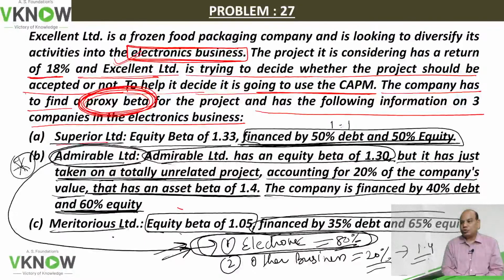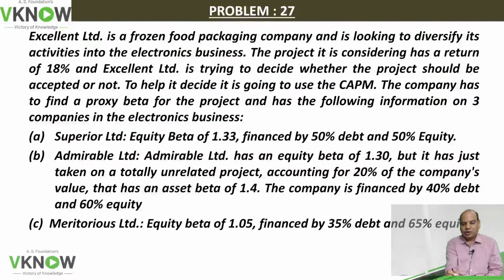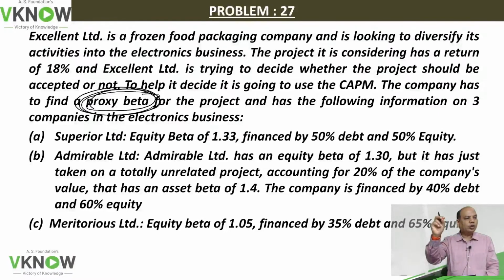So what I have to do, basically the question is to find the proxy beta, and using the proxy beta we can find out the cost of equity or the cost of capital which will be required for discounting the cash flow. But in this question we are not required to discount the cash flow.